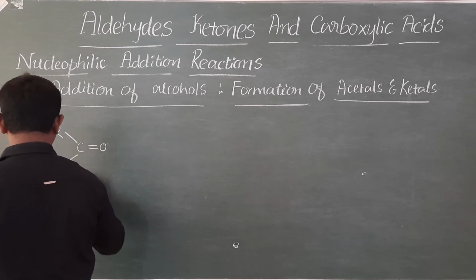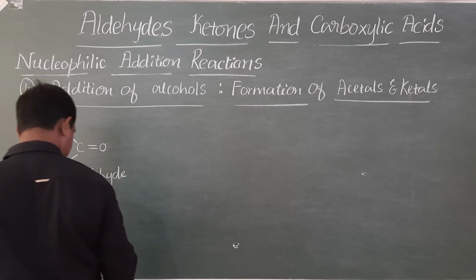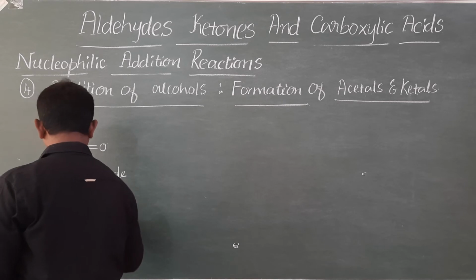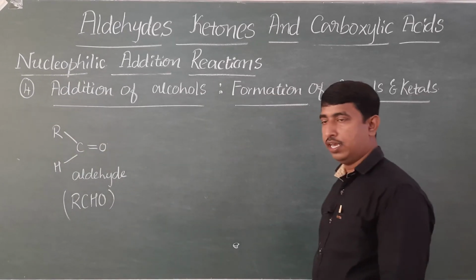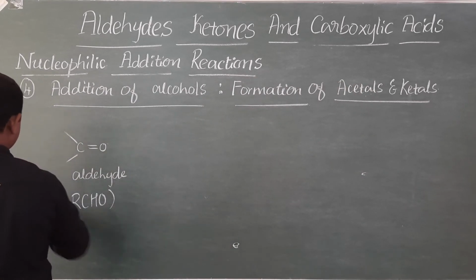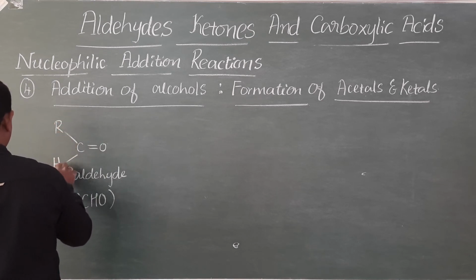Say this is aldehyde, or RCHO. Formula of aldehyde is RCHO. We can write it like this: C double bond O, R, and here I can write H.